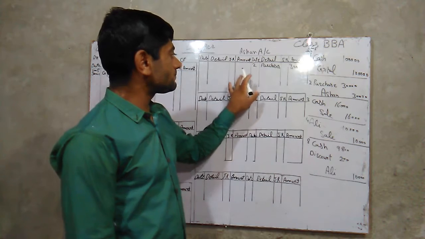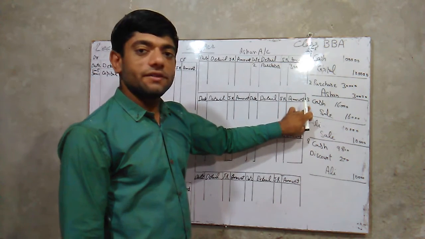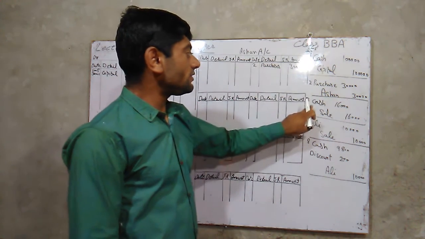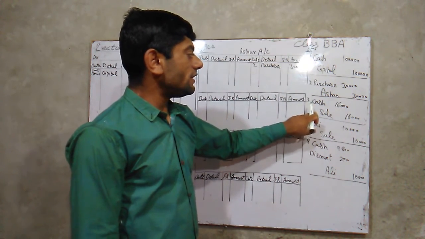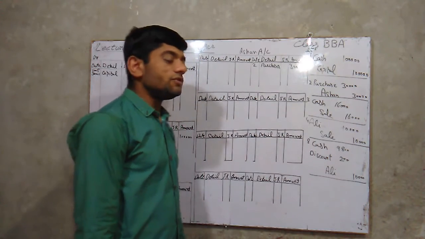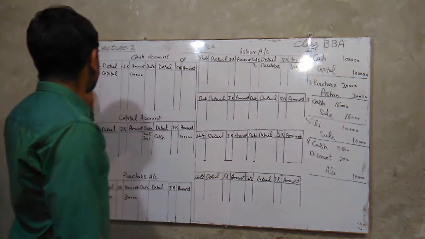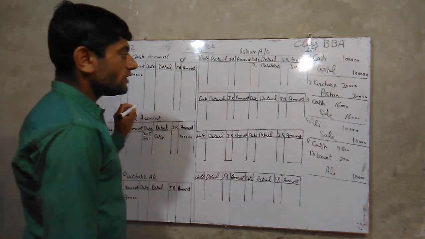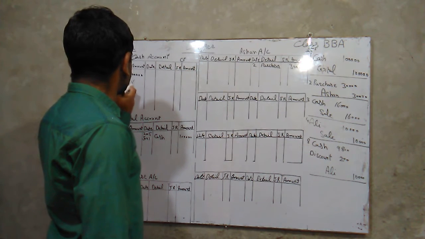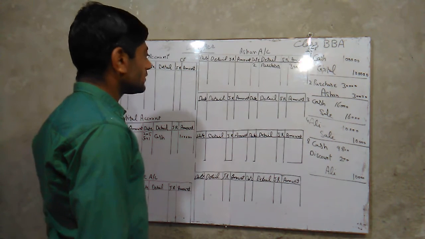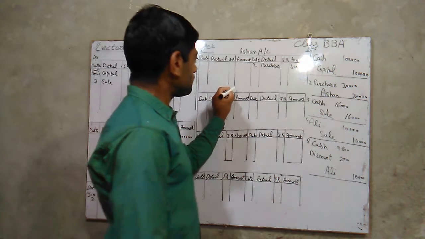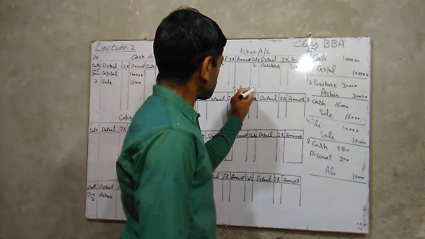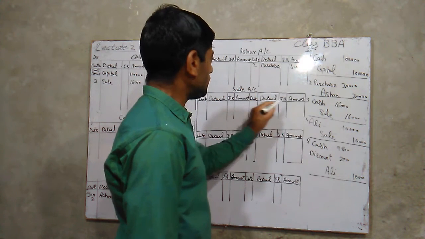So the next transaction is cash sale. Cash increases due to sale. Cash increases and sale also increases. Cash increase due to sale on 3rd January with the amount of 16,000. The sale account is credit due to cash.